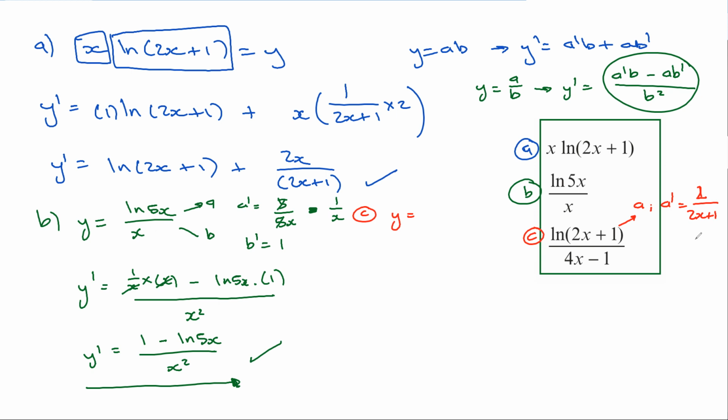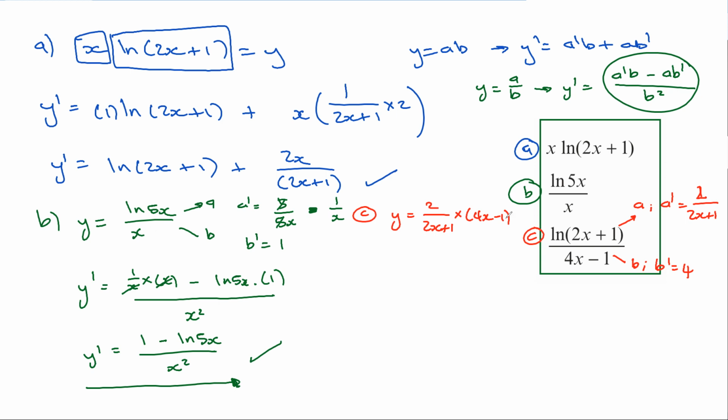So we have 2 over 2x plus 1. And if this is b, the derivative of this is 4. So when I substitute it into this function, I'm going to have a dash b, which is the 2 divided by 2x plus 1 multiplied by b, which is 4x minus 1.